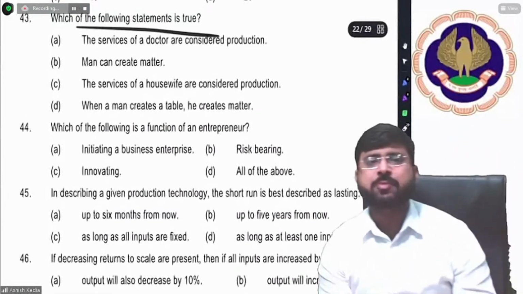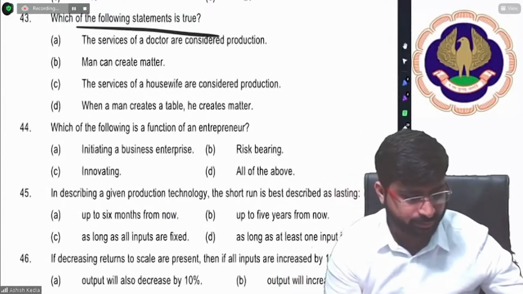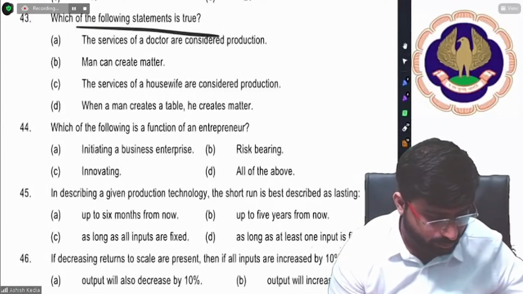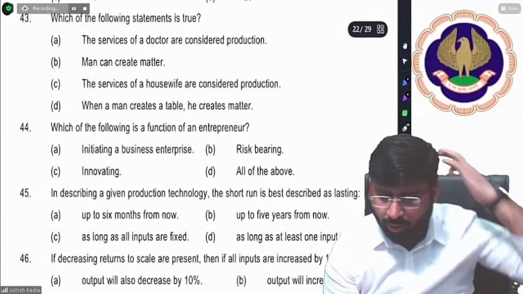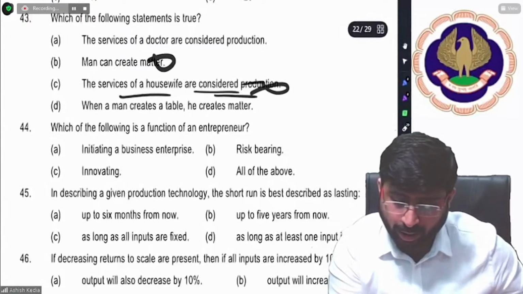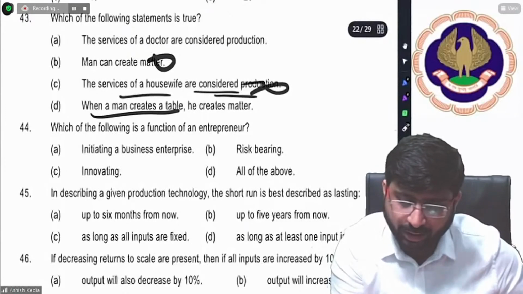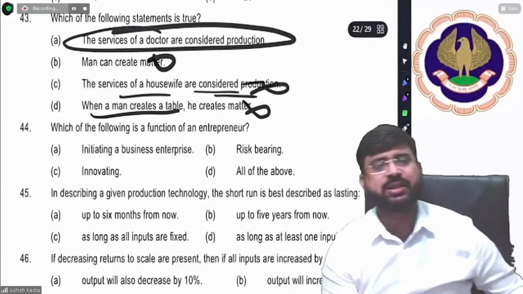Which of the following statements is true? Question 43. Man can create matter. Services of a housewife are considered production. When a man creates a table, he creates matter. See, services of a doctor are considered production.